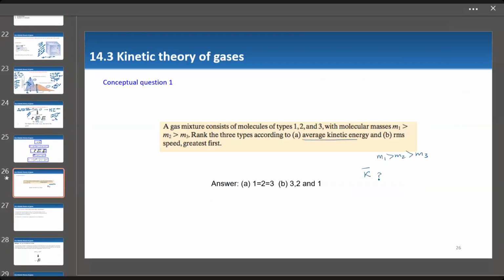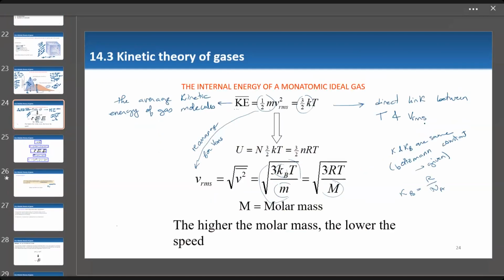Let's go back to our formula sheet. K is equal to half mv squared equals 3 over 2 kT. So I'll take a look at my formula and I'll check what I have basically.